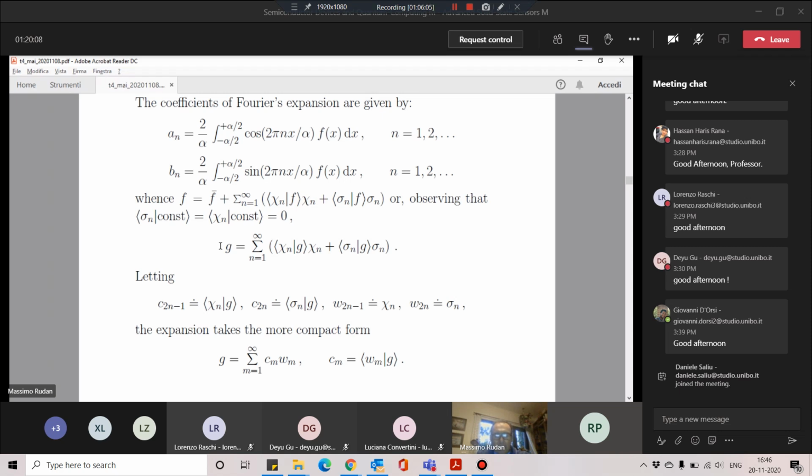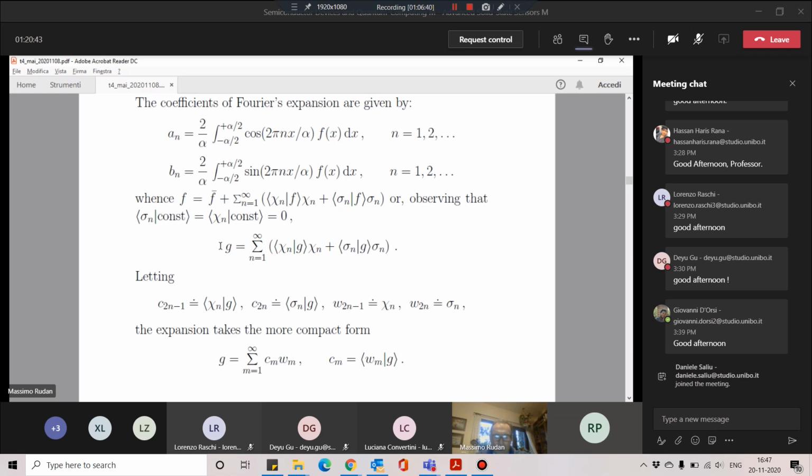So you have the term with chi1 followed by the term with sigma 1. Then you have the term with chi2, that is the third, followed by sigma 2, that is the fourth, and so on and so on. So all terms embedding chi are in the odd position in the sum, and all terms embedding sigma are in the even positions of the sum.